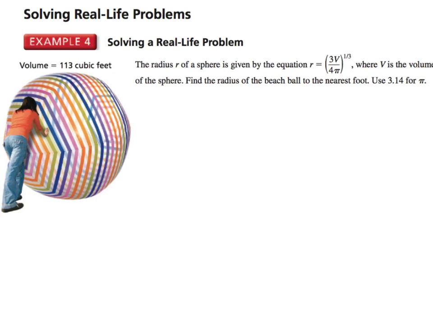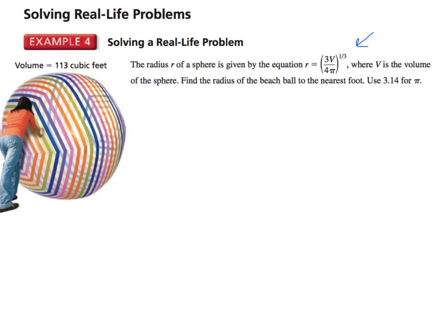Solving real-life problems, example number 4. The radius r of a sphere is given by the equation, and there's your equation. Now you're probably looking at that going, oh my gosh, look at that equation. Where v is the volume, and you need to find the radius of the beach ball to the nearest foot, and pi is 3.14.